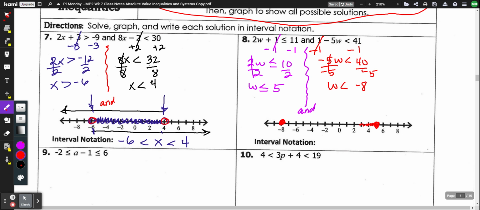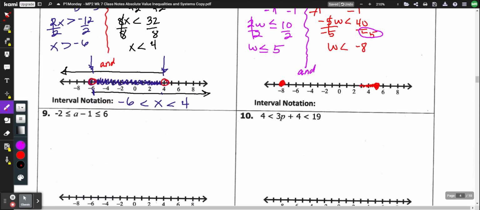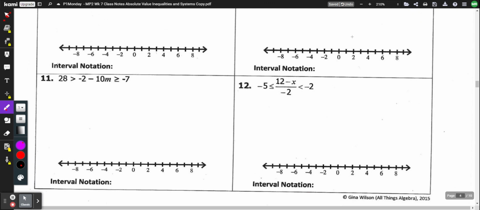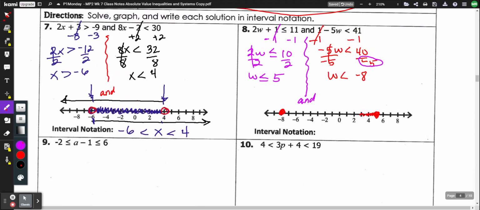And remember, right here, I just caught a mistake. When I divide by this negative 5, I need to flip this inequality symbol to the other direction. So this becomes w is greater than negative 8. So I'm going to go this way.